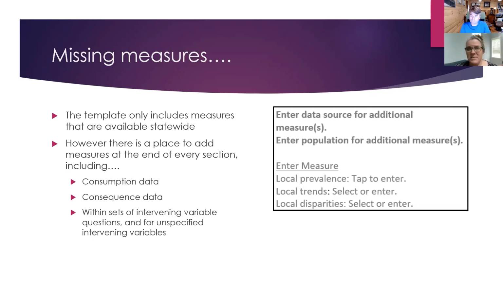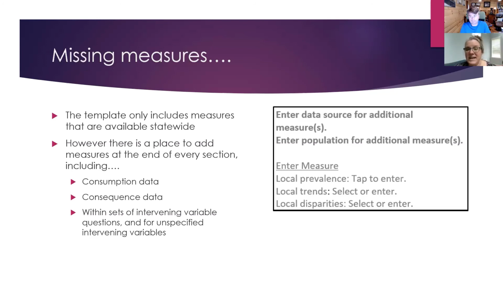They might be able to go to their public health department or their hospital system to ask how many emergency department admissions they had related to marijuana vapes or edibles. So there's a lot of other measures that you could have potentially gotten, but that were not available systematically statewide. And so we wanted to have a place where you could add those.